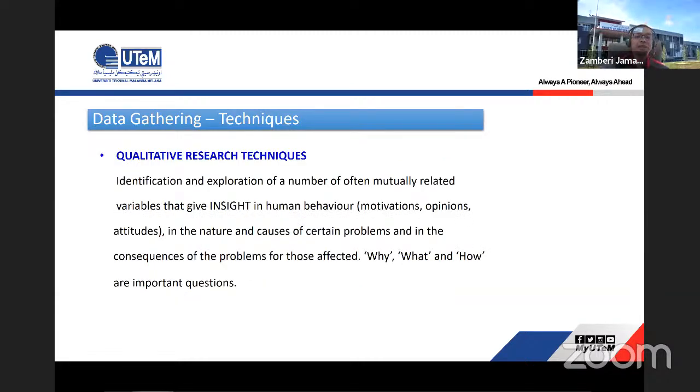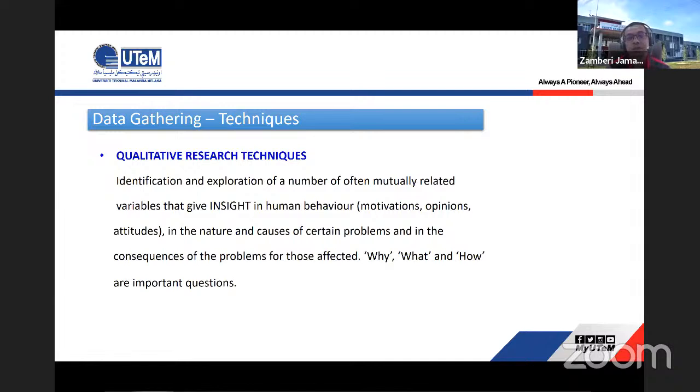Okay, qualitative research techniques. Some of us work on qualitative techniques, meaning identification and exploration, basically on human behavior, motivation, opinions and attitudes. Normally why, what, how. Sometimes in engineering, this is the first part of our research work, where we would like to understand the current scenario.